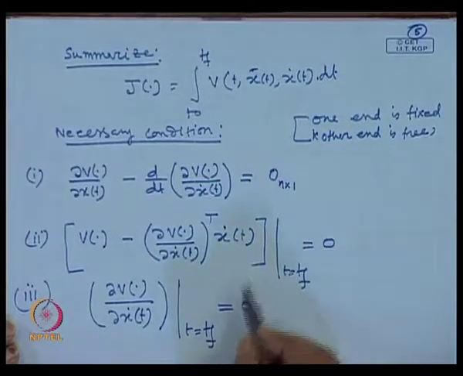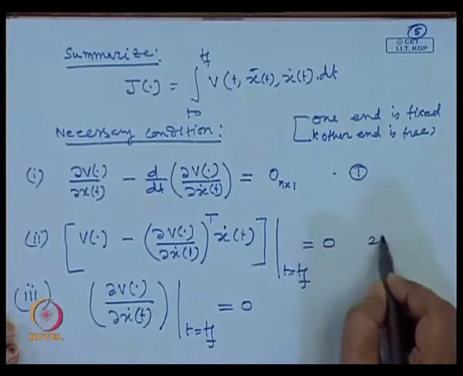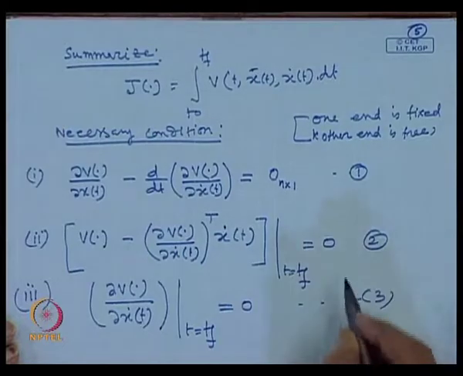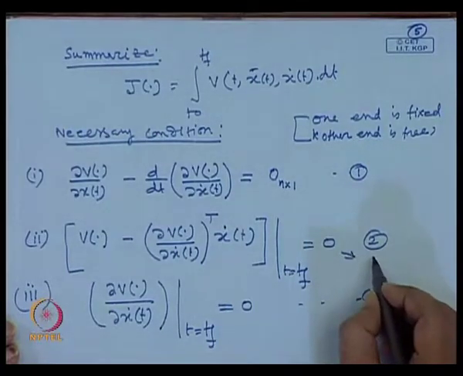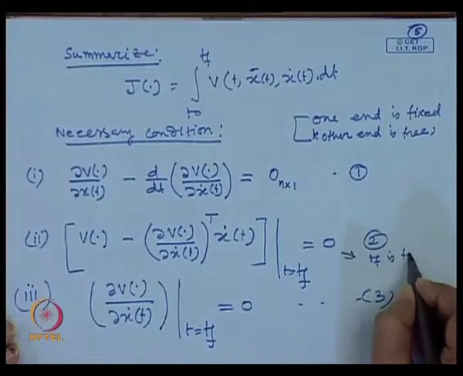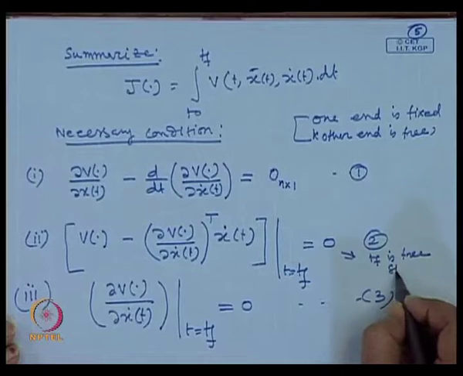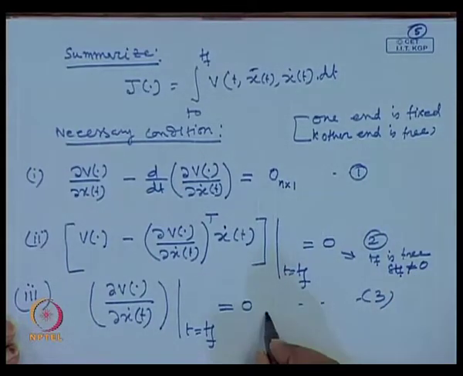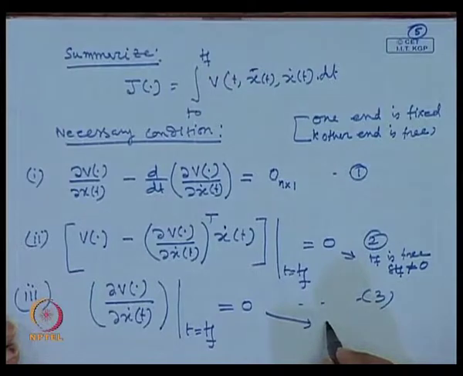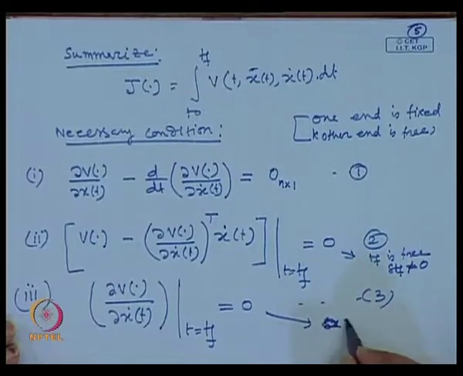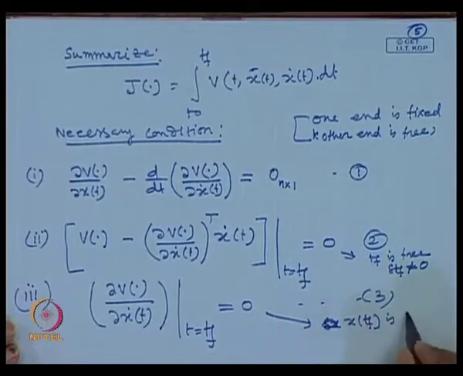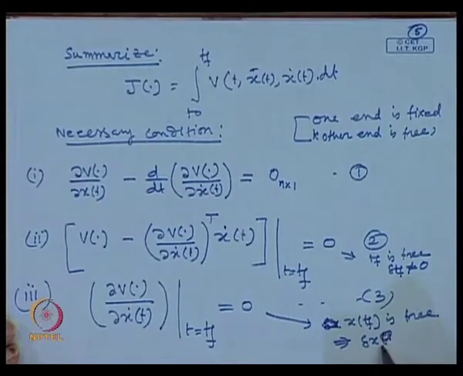Let us call them equation number 1, equation number 2 and equation number 3. This is valid when T f is free, that means delta T f is not equal to 0. This is true when delta x f, or you can say x of T f, is free, which implies that delta x f is not equal to 0.